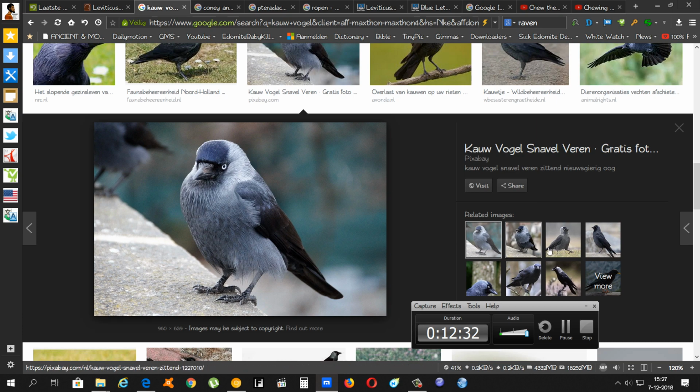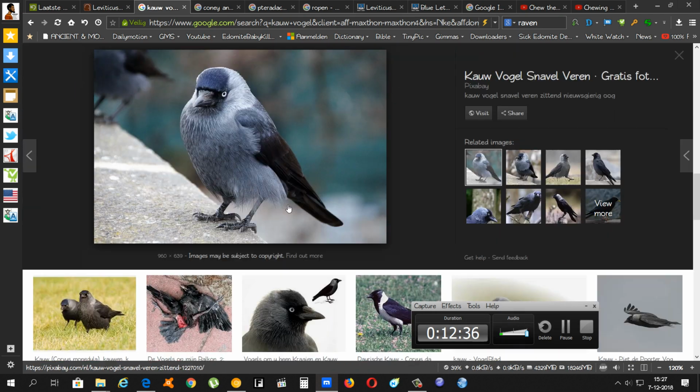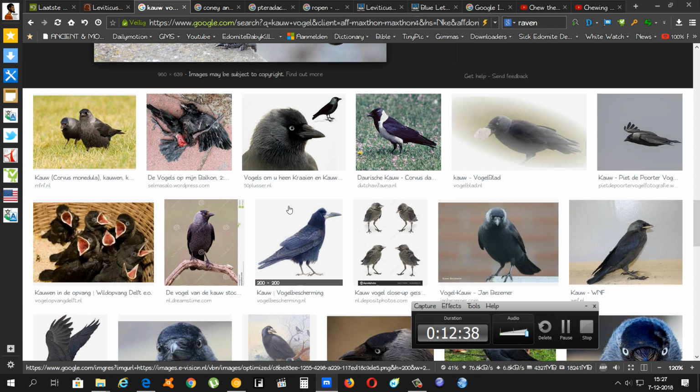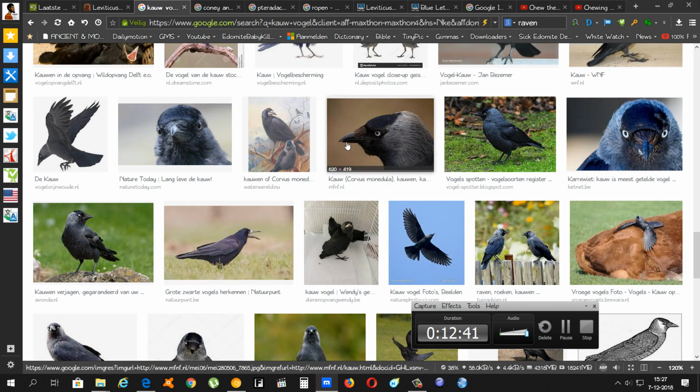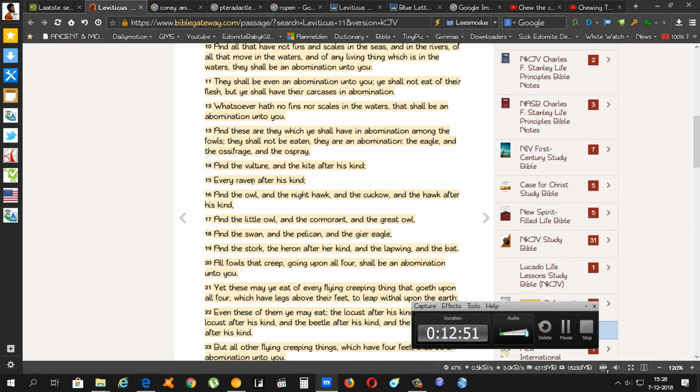This is another form of cow. Yeah. So yep. Right. And of course this one also, the hooded crow. You can't eat that.